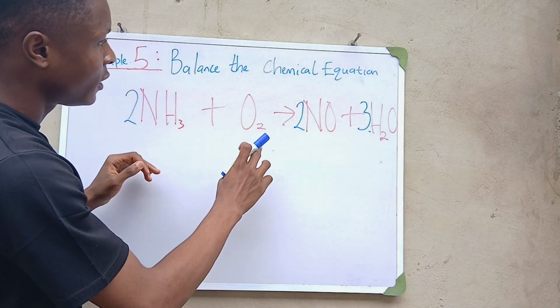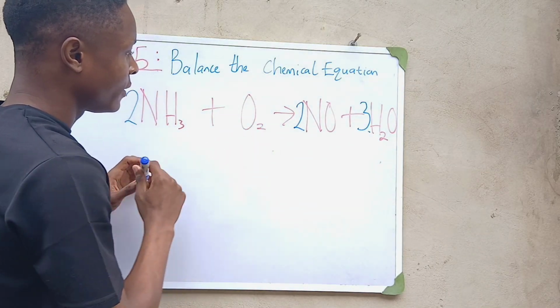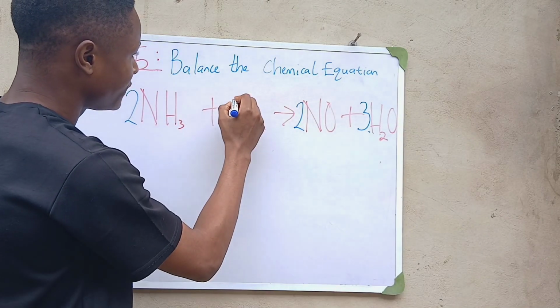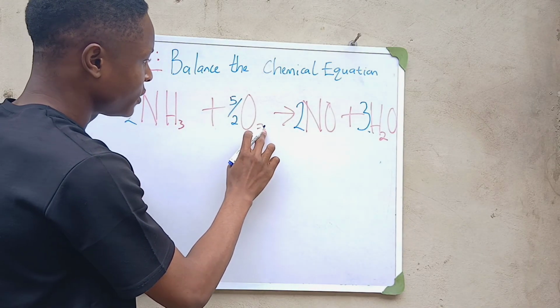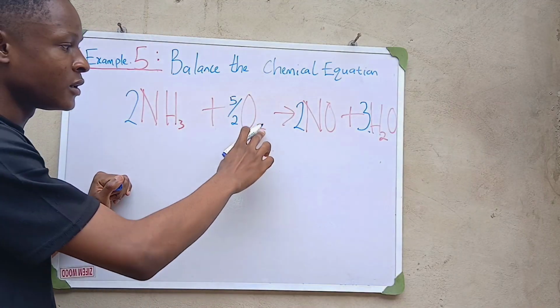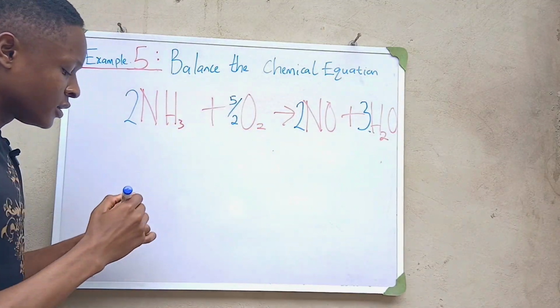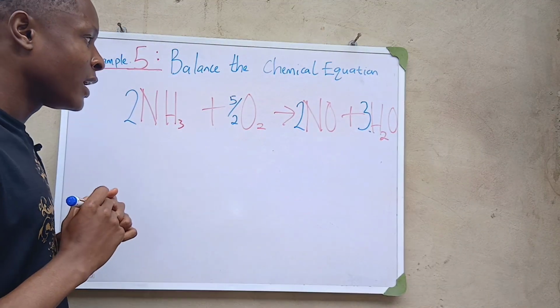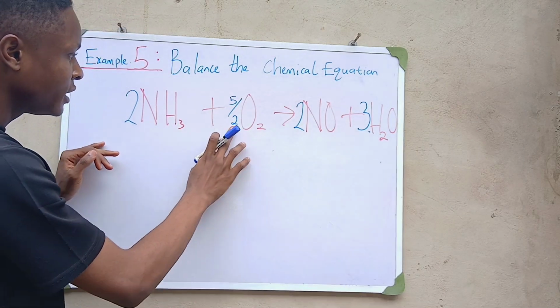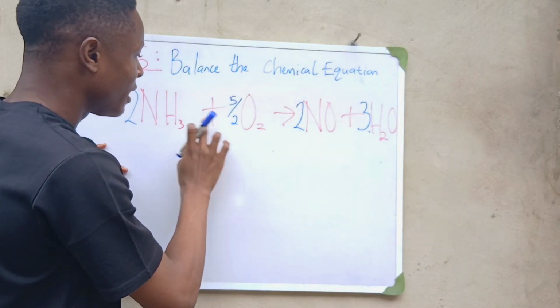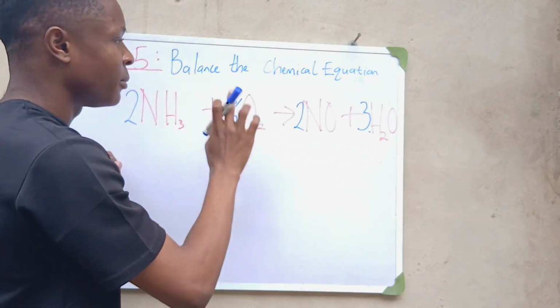So for us to make oxygen to be 5 here, we are going to put a fraction, 5 over 2. 5 over 2 times 2 is going to give us 5. But in our equation, we are not supposed to have a fraction. So to change this to a whole number, we are going to multiply the whole equation by 2.